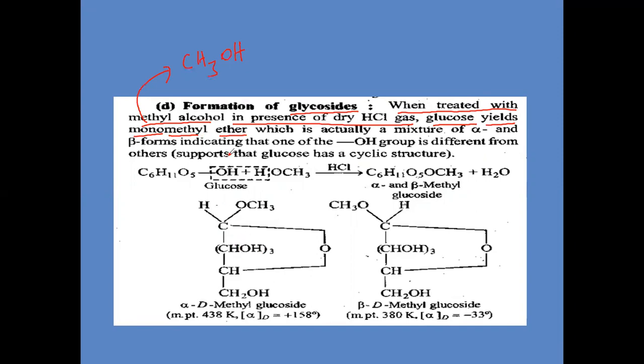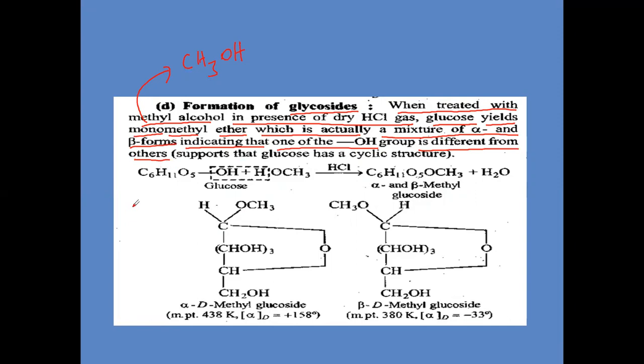Monomethyl ether will be produced here, which is actually a mixture of alpha and beta forms, indicating that one of the hydroxy groups is different from other hydroxy groups.